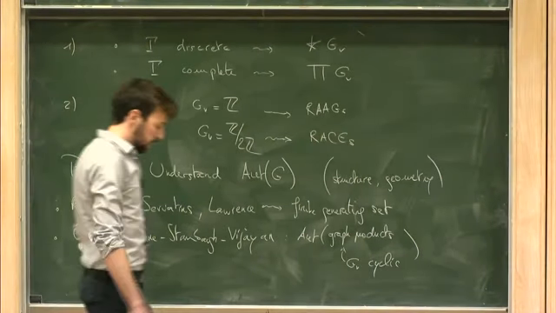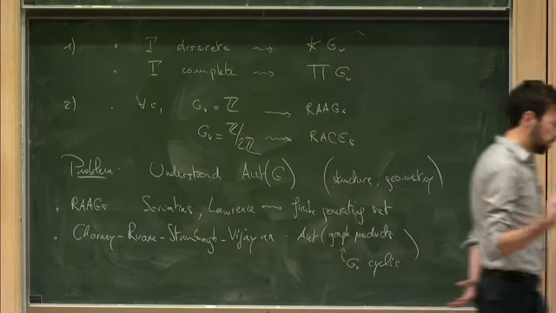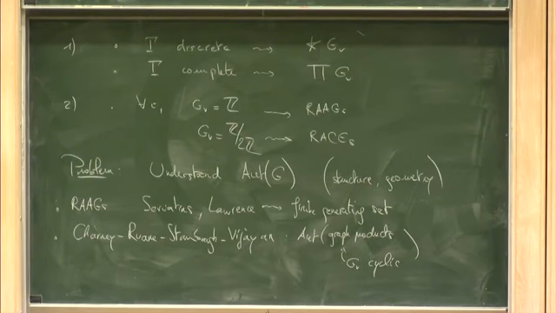But apart from that type of results, we don't really understand the structure of the automorphism group of graph products.